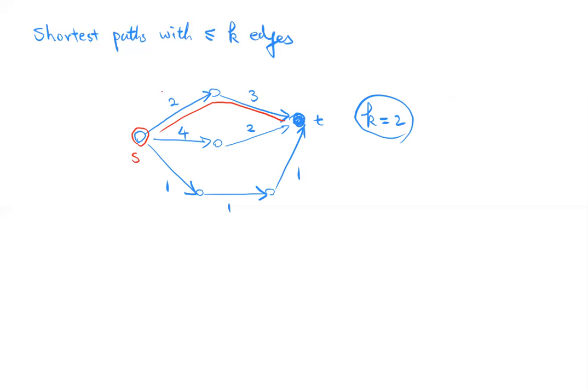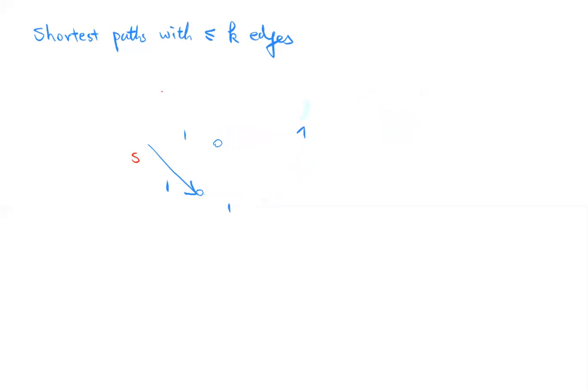So what do we do? We need to define the values that will be used to define the recurrence relation. So here the value will depend on 2 things. One is the distance, another is the number of edges. So it will involve 2 variables.